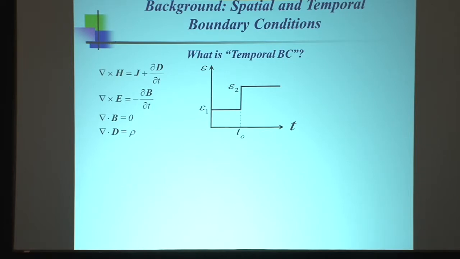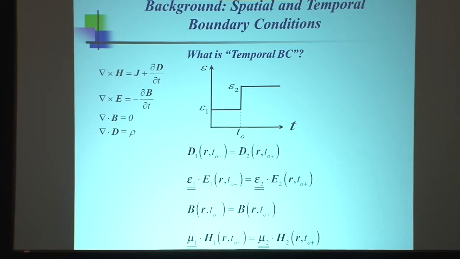As a result, the temporal boundary requires that vector D stays the same just before t naught and just after t naught, and vector B stays the same just before t naught and just after t naught. A consequence of that is that the electric field can actually have a jump, and the magnetic field H can have a jump. So that's one interesting boundary condition that we have to take into account.